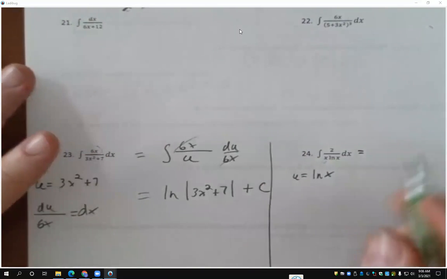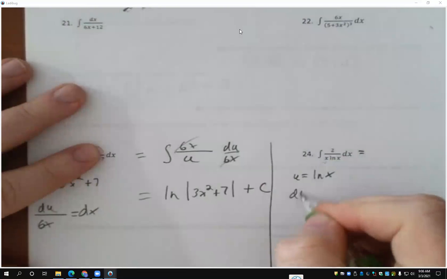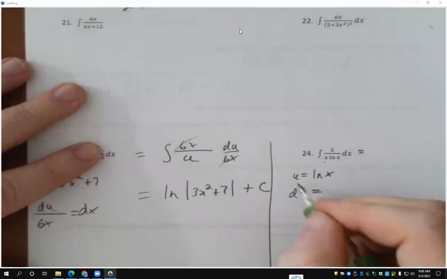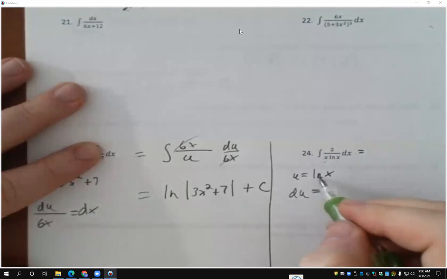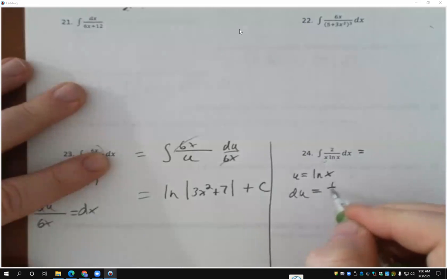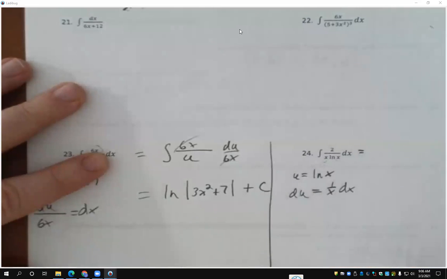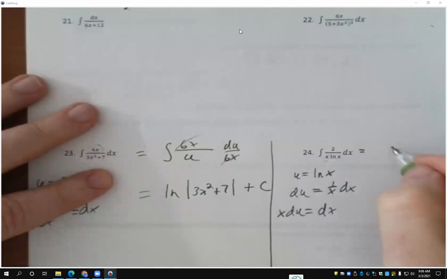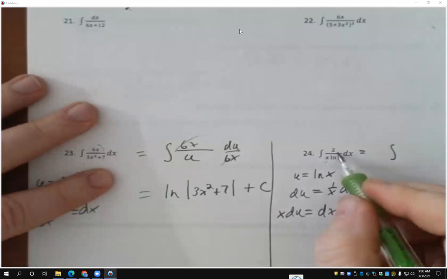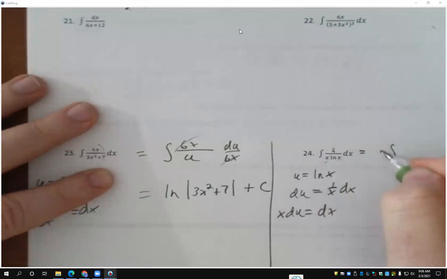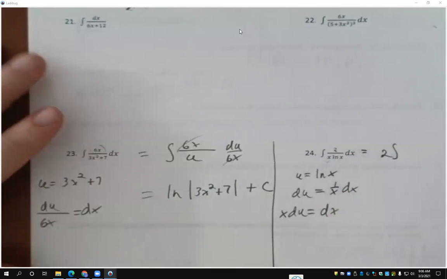I always like to do this one without skipping steps because of the whole fraction over here. So the derivative of u is du. The derivative of the natural log of x is 1 over x dx. Multiply both sides by x, and you get x du equals dx. So now I'm going to pull this 2 out. It's a constant multiple.